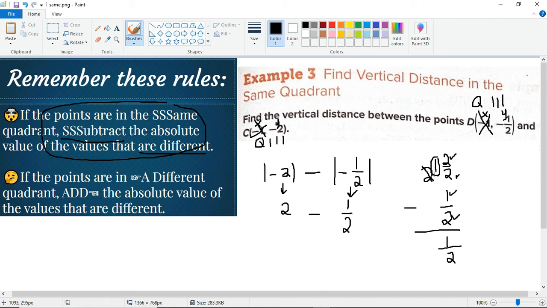So 1 whole, take away nothing, stays a 1. So my answer is 1 and 1/2. So the vertical distance between point D and C would be 1 and 1/2 spaces away.